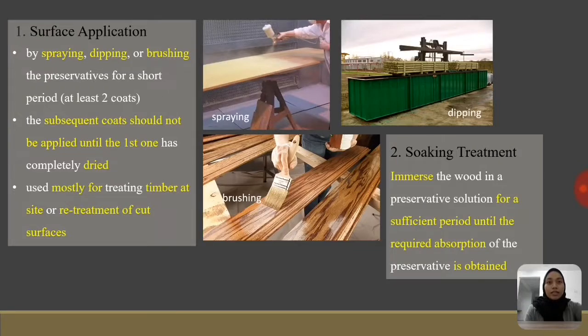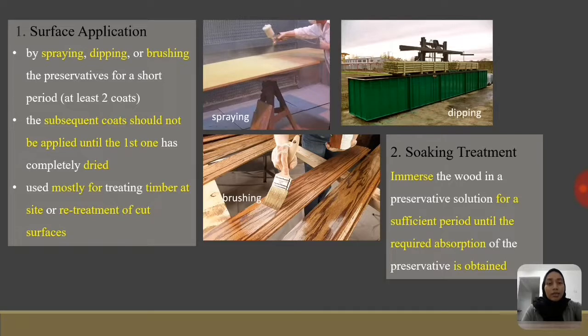The first one is surface application by spraying, dipping, and brushing the preservatives for a short period, at least 2 coats. The preservative here refers to the previous slide, which is the 2 types of preservatives, the oil type and the water soluble type. At least 2 coats here means at least 2 layers.